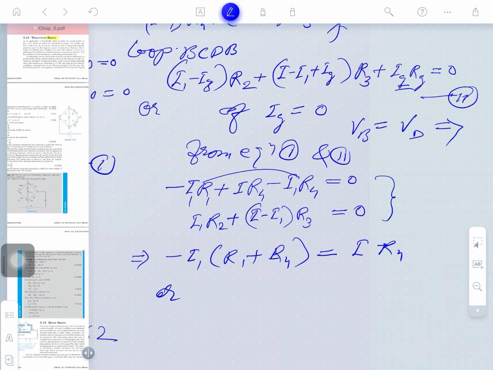So it can be written as negative of R4. This is one relation. From the other equation we can obtain I1 common, so it will be R2 minus R3.